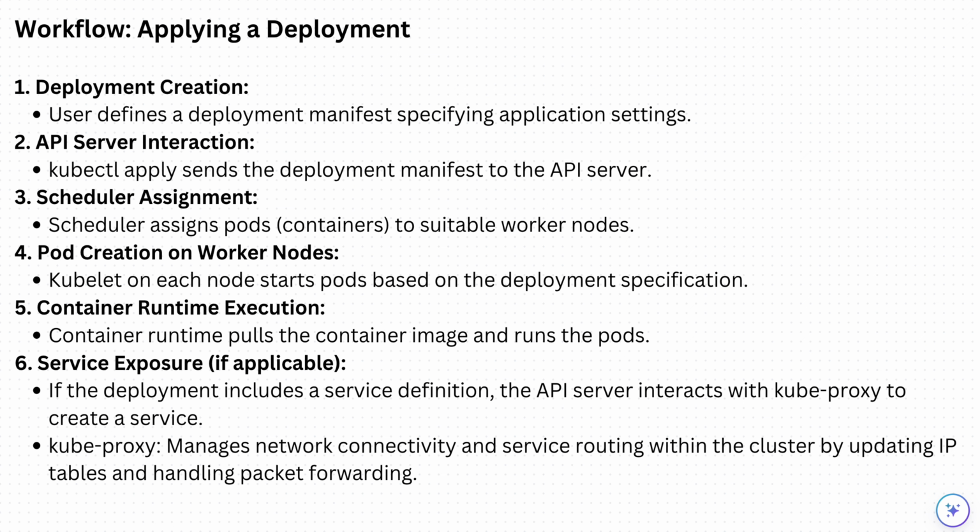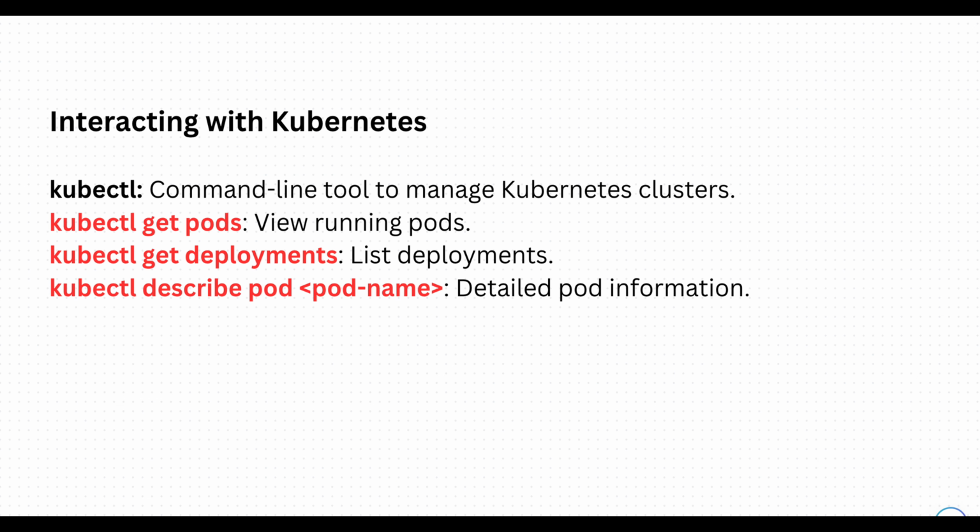Next, let's see how to interact with Kubernetes. So we have a very famous command line tool, which is kubectl, or Kubernetes controller. So this tool helps you manage the Kubernetes cluster. For example, let's say you want to view the running pods.